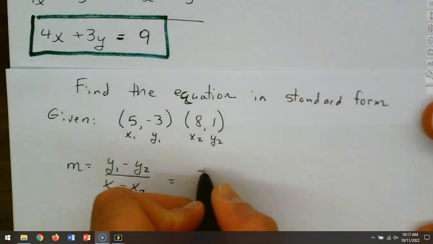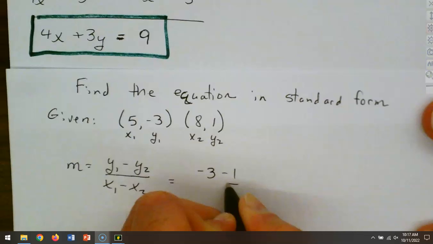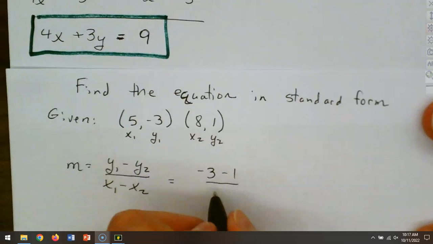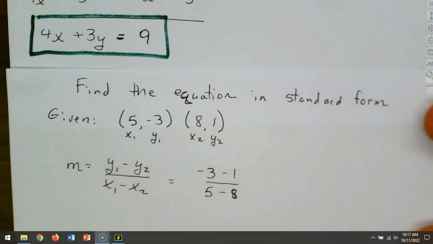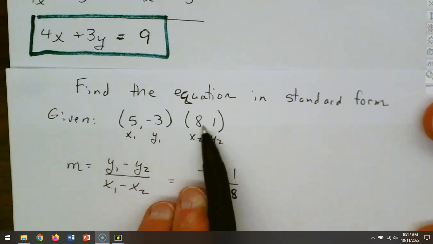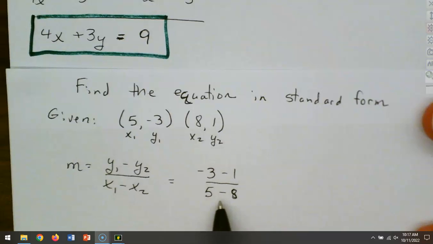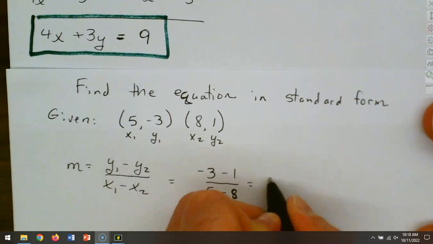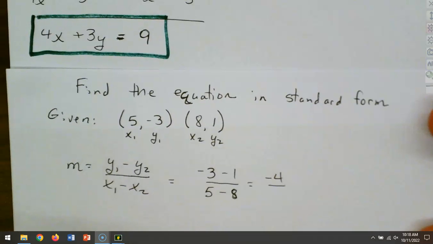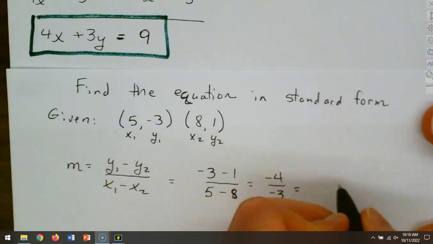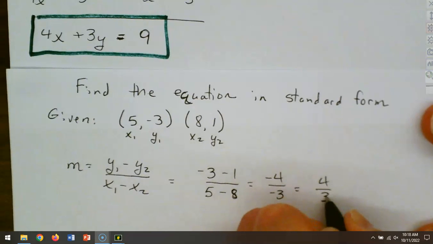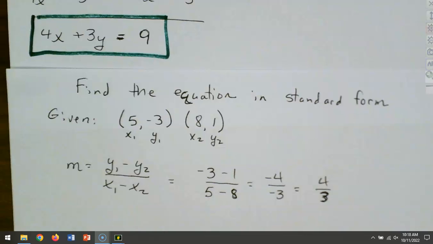So you've got -3 minus 1 over 5 minus 8, because make sure your y's go on the top, x's go down below. -3 minus 1, that makes it a -4. And 5 minus 8, that's a -3. Double negative makes that a positive 4/3. Is everyone all right with that so far? Okay.